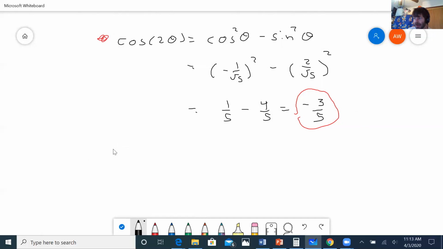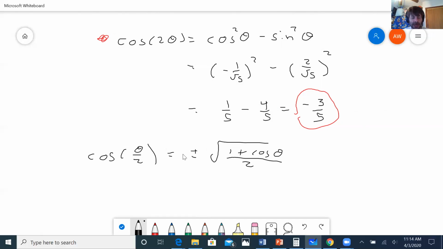The next one has me find cosine theta over 2. Right? Which would be plus or minus square root of (1 plus cosine theta) over 2. So I am going to be worried about which quadrant I'm in, so whether or not I'm positive or negative.